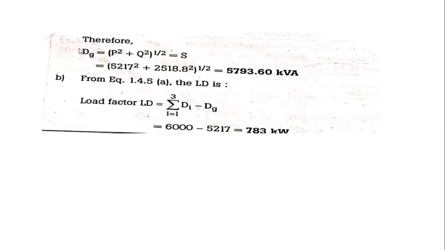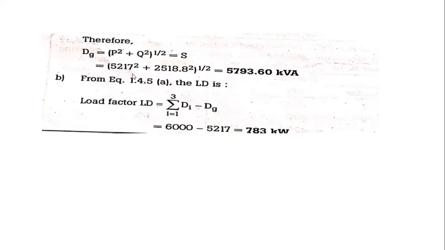Next, DG. What is that formula? DG is equal to P square plus Q square whole power 1 by 2, or square root of P square plus Q square. That is equal to S, the power.